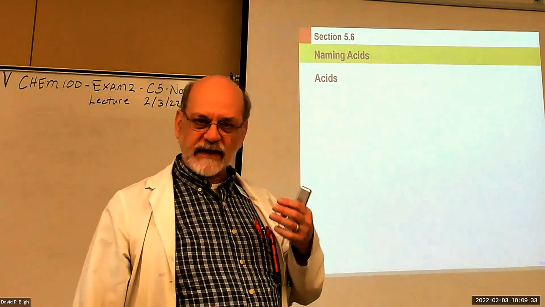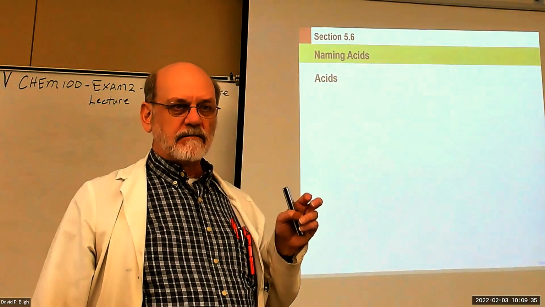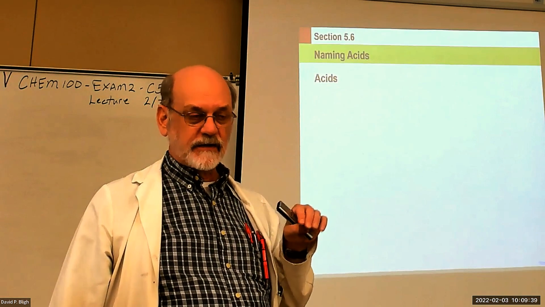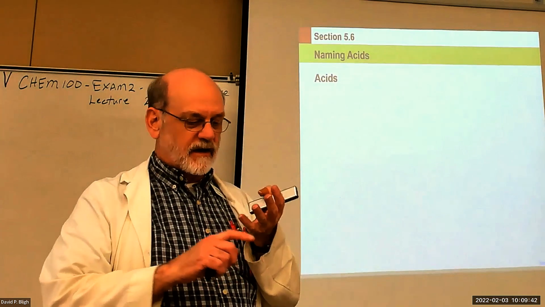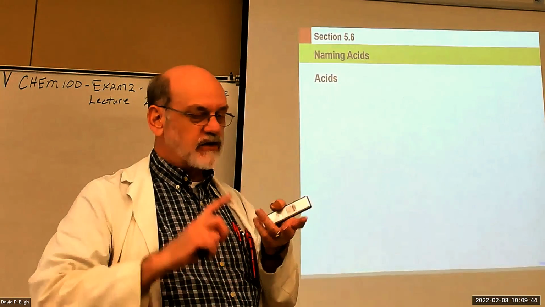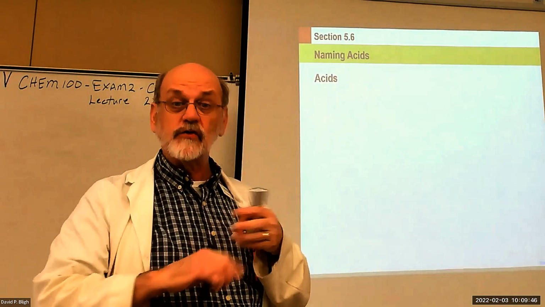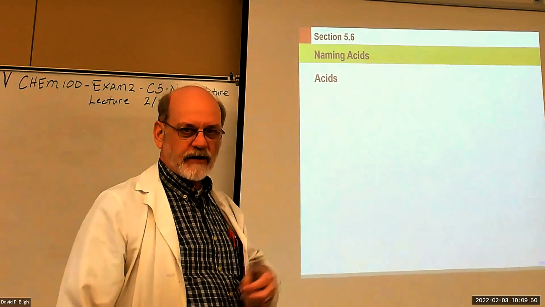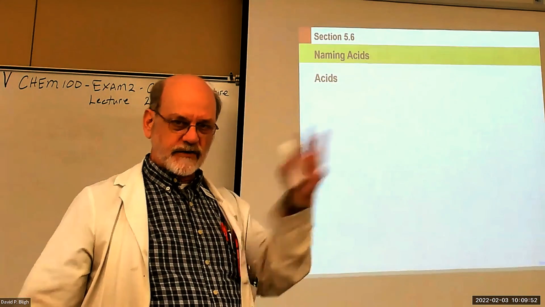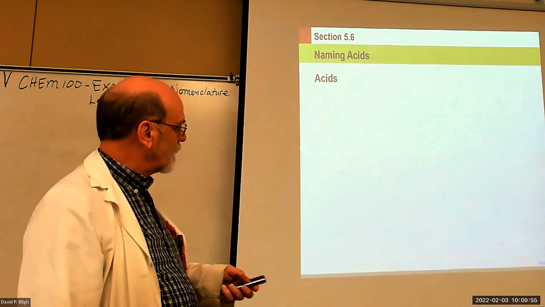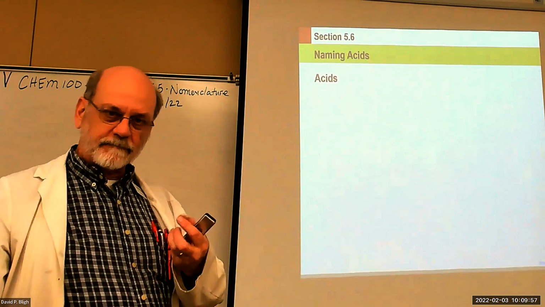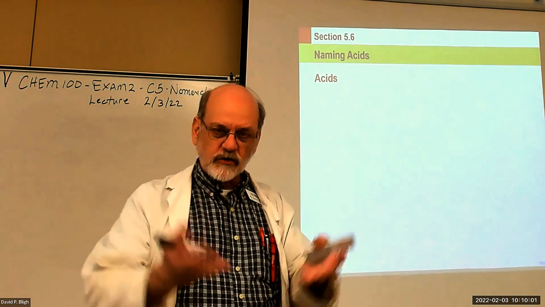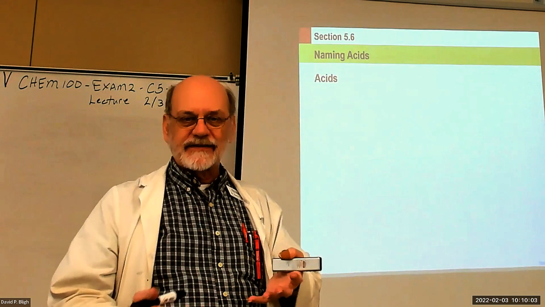The alchemists of medieval Europe knew several what we call mineral acids. They knew hydrochloric acid. They knew nitric acid. They knew sulfuric acid. And they used them extensively in their researches, trying to convert stuff into other stuff. So we had to grandfather those in and try to form a logical structure for naming acids.